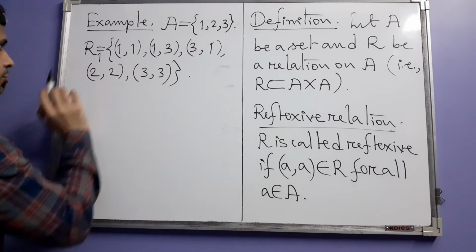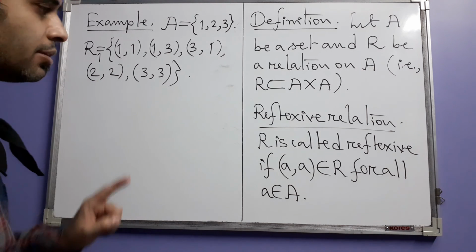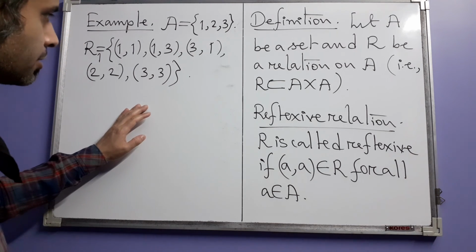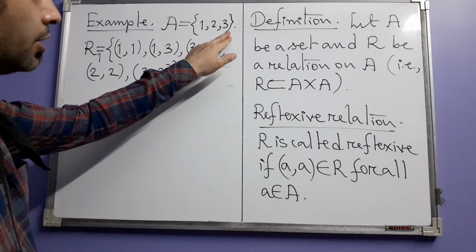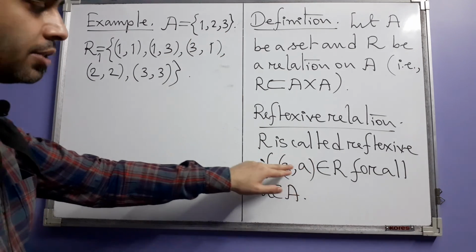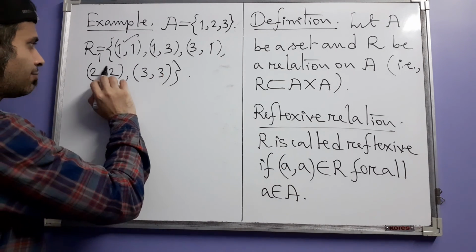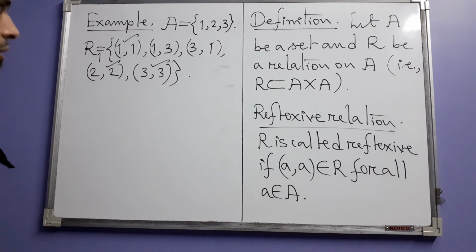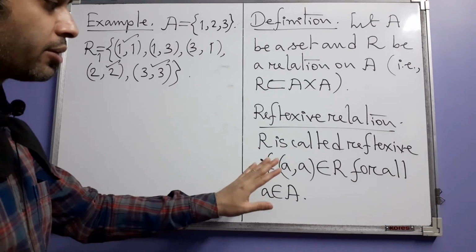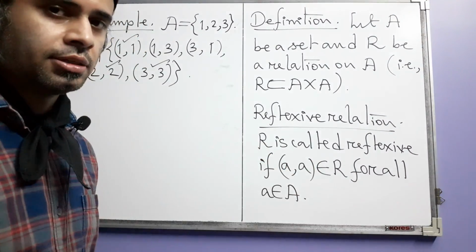I have to show another relation, so let me call it R1. Is R1 reflexive? Yes, because for these three elements, for each one of them, this ordered pair belongs to R1. We have (1, 1), we have (2, 2), and we have (3, 3). It's a different matter that there are extra elements. We do not have anything to do with those extra elements when we are looking for reflexivity.